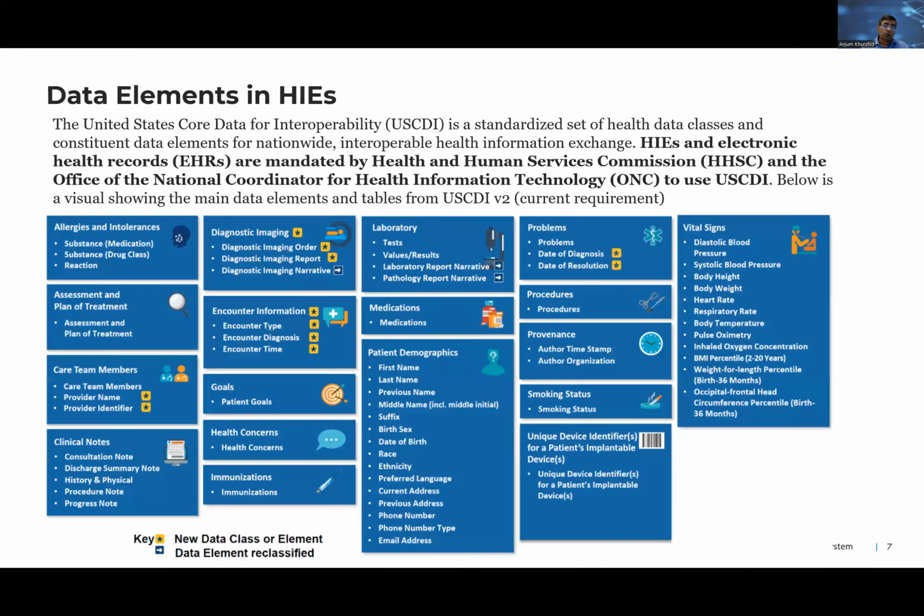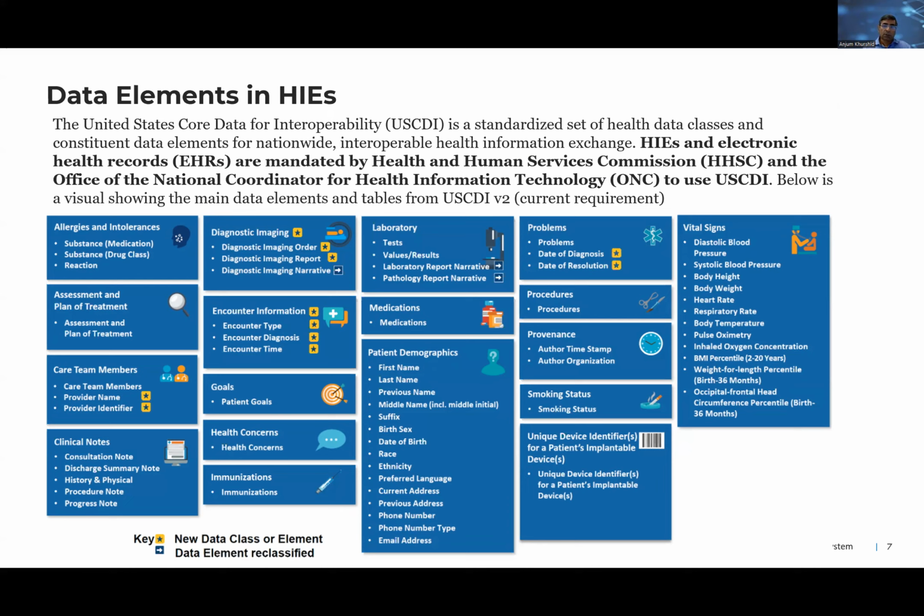Next. So in terms of what data elements are available in health information exchanges, they obviously depend quite a bit on geography and the healthcare ecosystem of various states across the country.